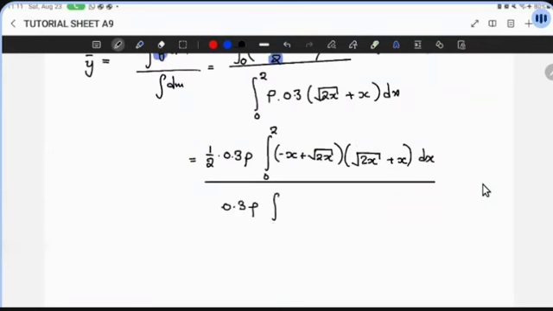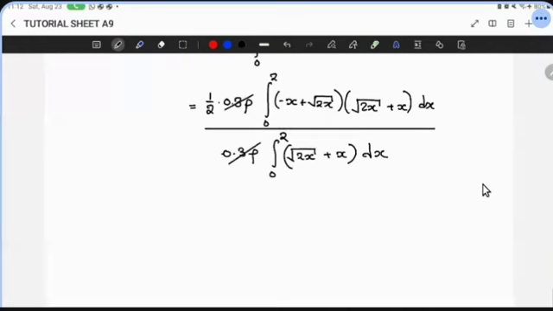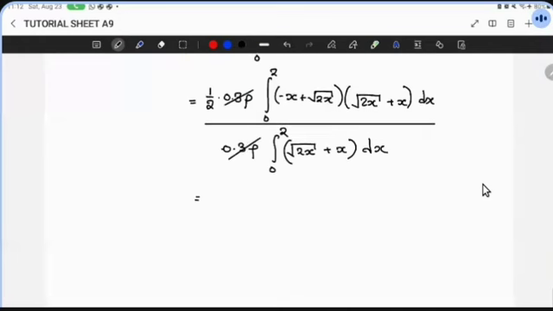And then I'll have the integral from 0 to 2 of root of 2x plus x dx. The 0.3 density will cancel out, so that now I have half from 0 to 2, and then I need to expand this.